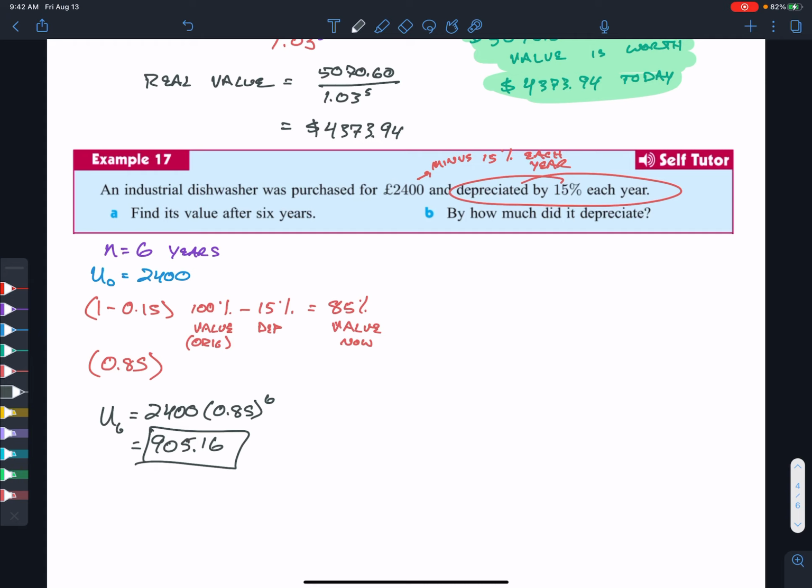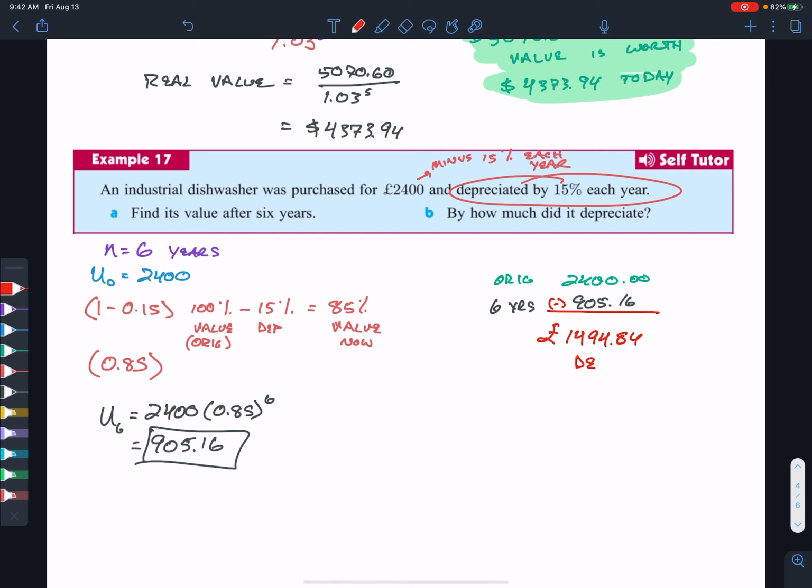Or in 6 years. So how much did it depreciate by? Well, again, that should be fairly straightforward. If its original was 2,400 and in 6 years it's worth 905.16, if we subtract these, then we're going to end up with how much it depreciated by, which is, let's see, there's the symbol, 1,494 pounds, 84 pence.